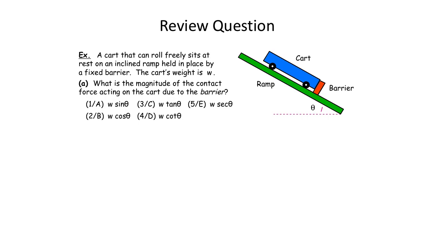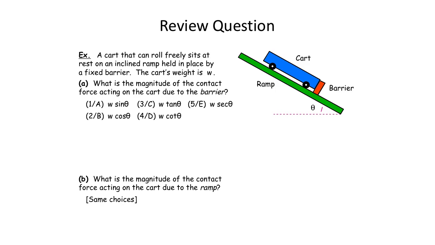Okay, I'm going to stop. 78% of you said A, that it's the sine of theta. So the force of barrier on cart is the sine of theta. Let's hold that answer for now, but then we'll move on to the other half of this problem.